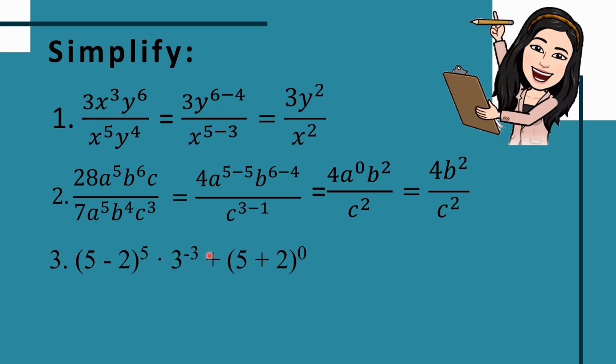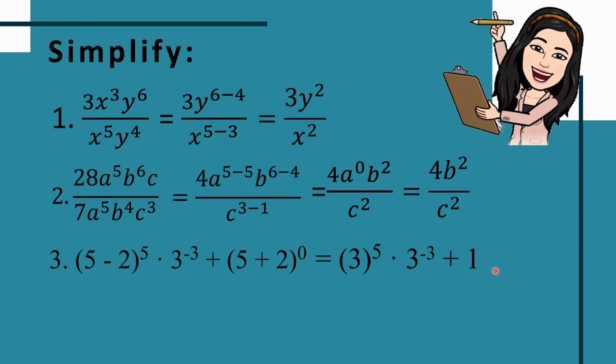So, isa-isahin natin yung bawat expression. So, this is 5 minus 2, 3. Kopyahin yung power na 5 times 3 to the negative 3. Yan, kopyahin lang muna natin ulit. And then, ang 5 plus 2 raised to the 0 power is equal to 1. Sinimplify na yon.